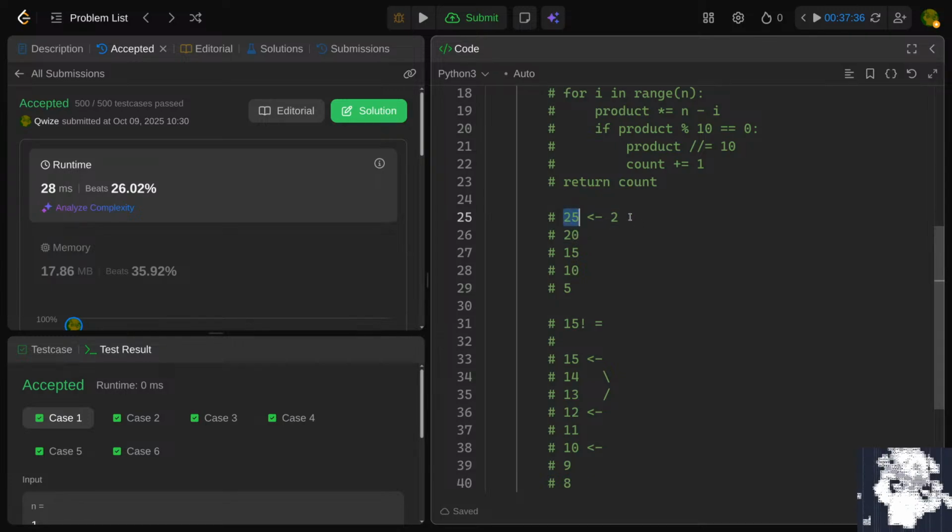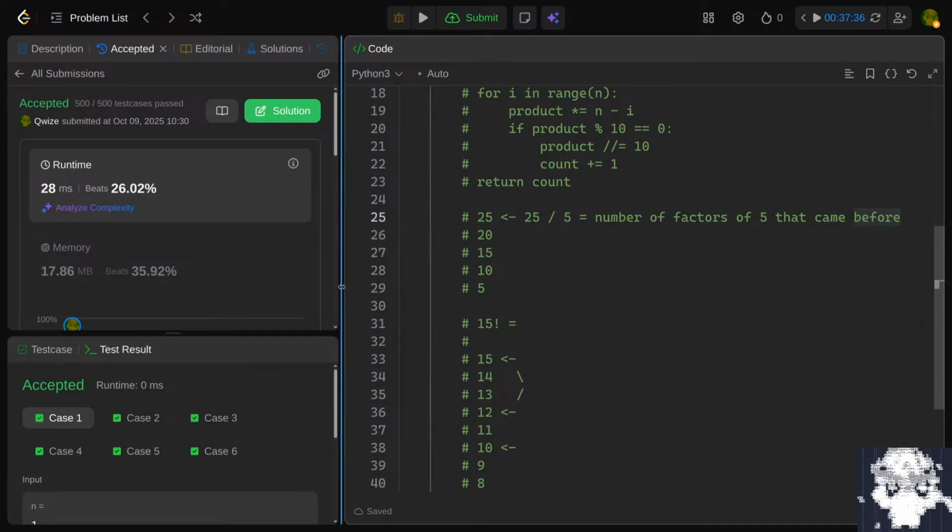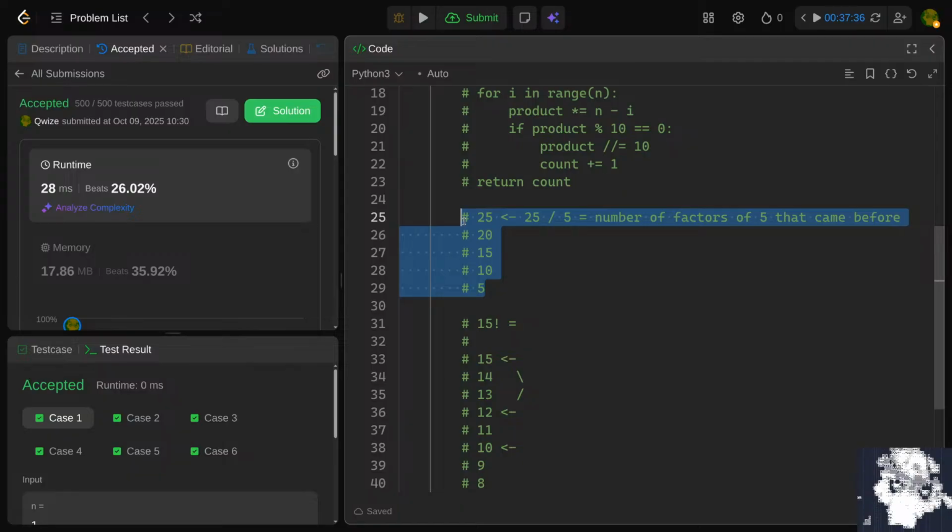And then when you divide 25, so 25 divided by 5 equals the number of factors of 5 that came before, or that including the ones that come before. So you just divide by 5 and you get this.